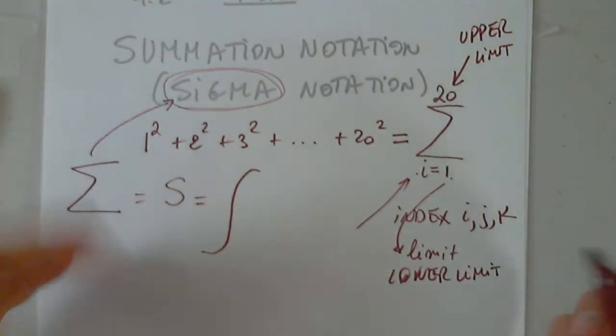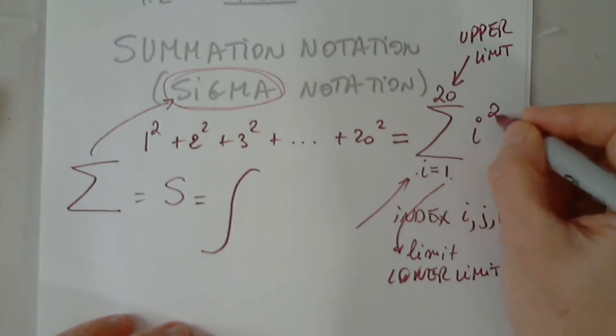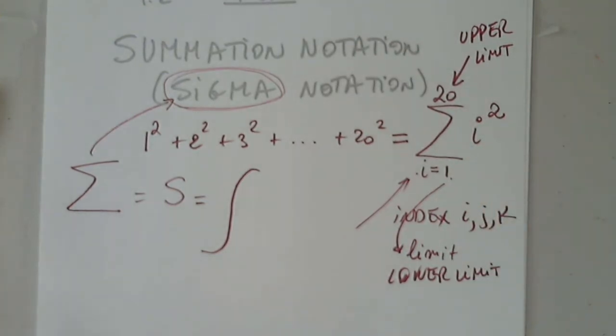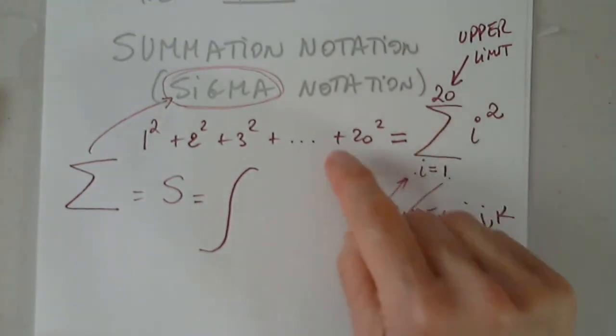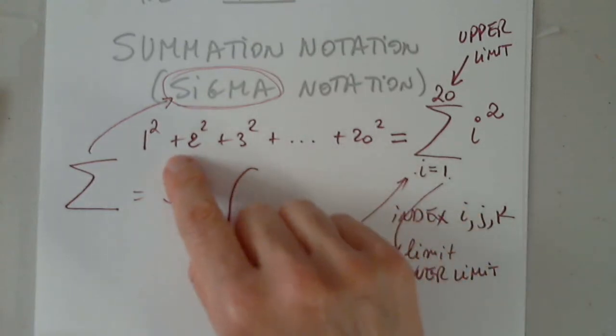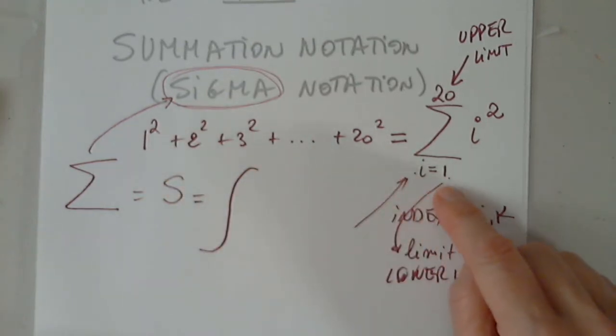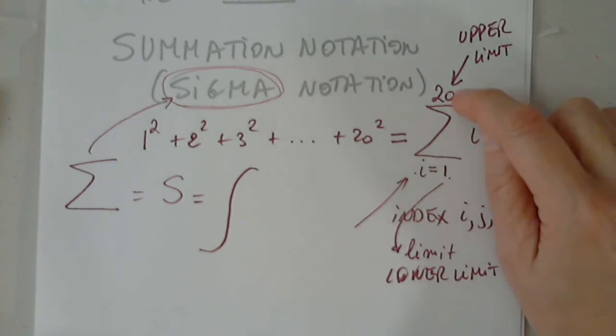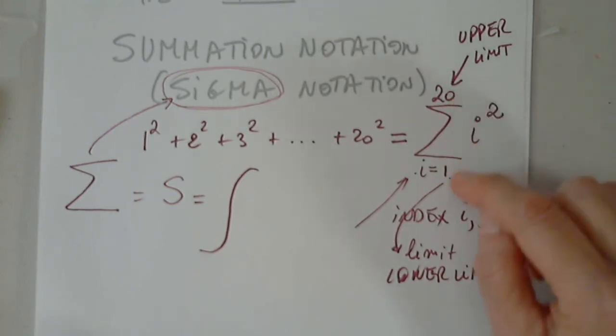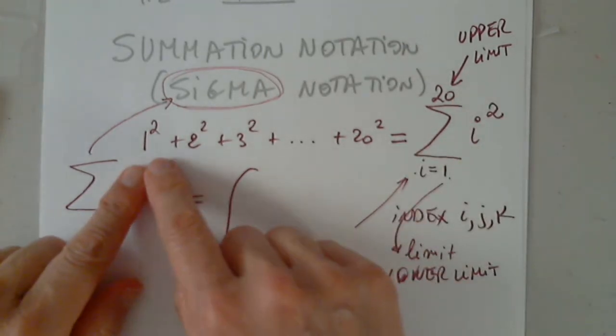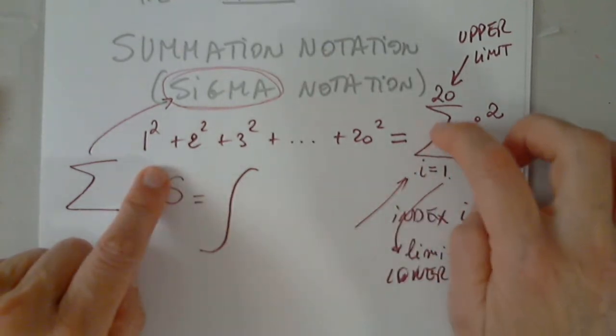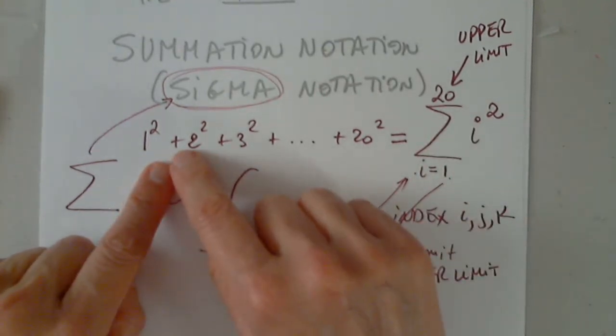Of what? Of I squared. So remember, this means sum. I start with 1 for I, and I end with I being 20. So when I is 1, I get 1 squared. The sigma notation says put plus.